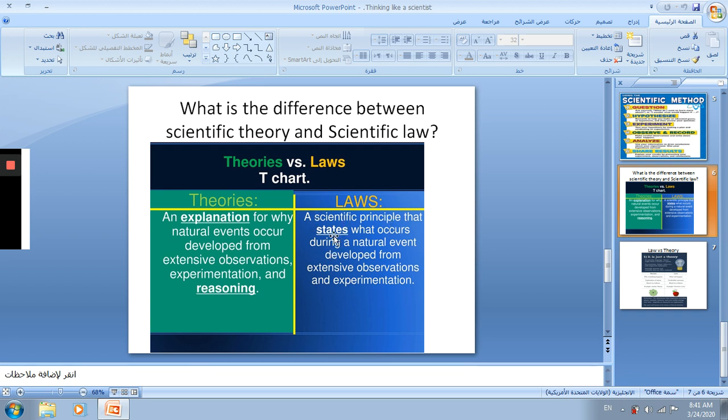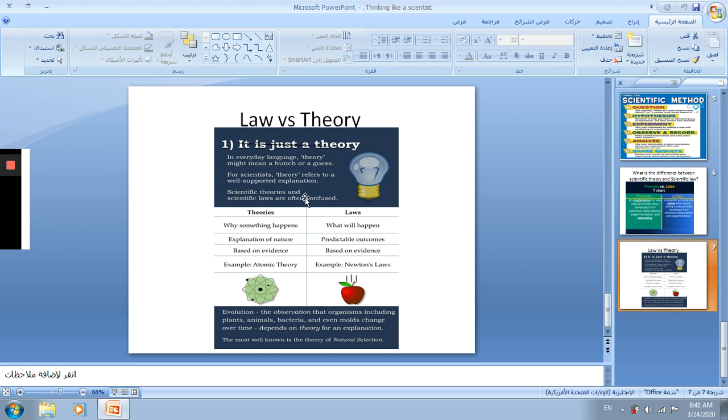Here, the main difference between them: laws depend on expectations, predictions, and theories are about explanations, observations, reasoning, stuff like that. Okay, this is the difference between laws and theories. Now let's continue here. It's more obvious for you, I hope.